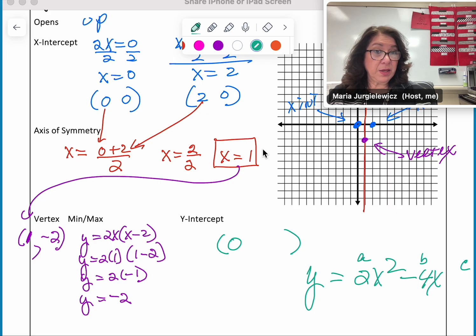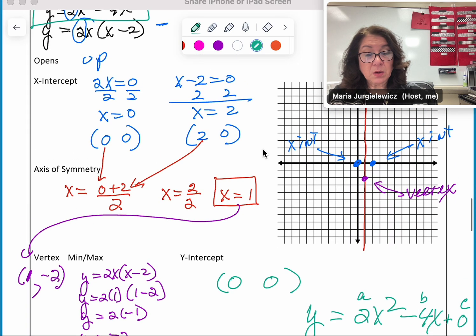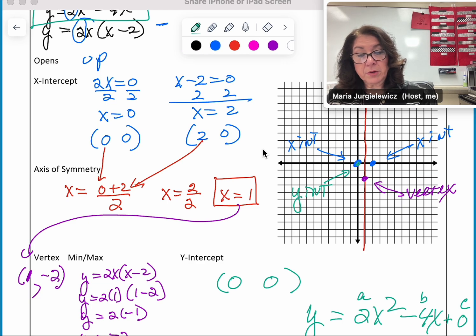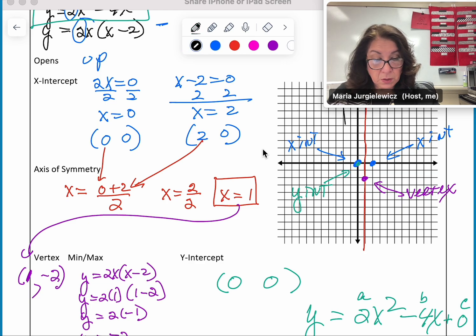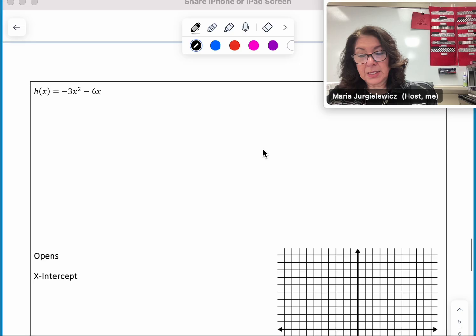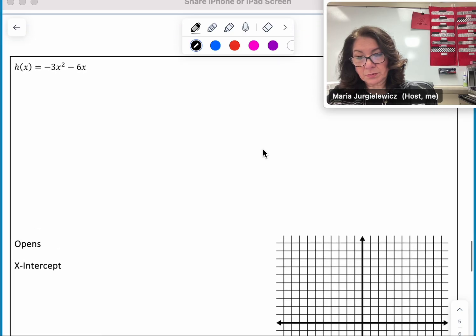Is there anything there? No. So then what number is understood to be there? A 0 is understood to be there. So my y value there is another 0. So this point is also my y-intercept. And now my graph is going to go this way and go up. All right, let's take a look at this one.